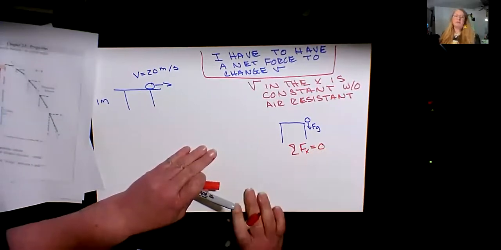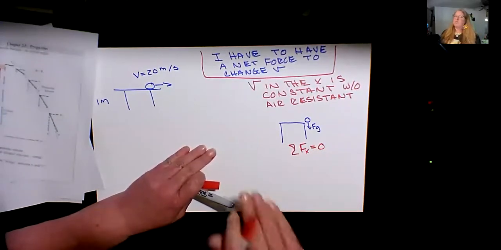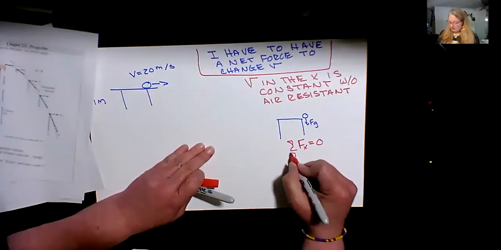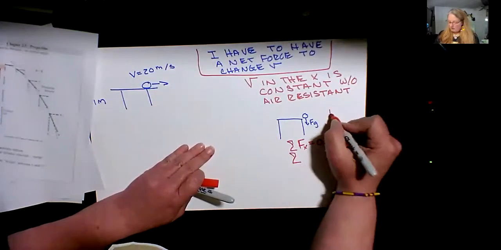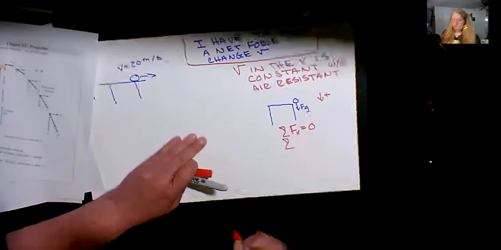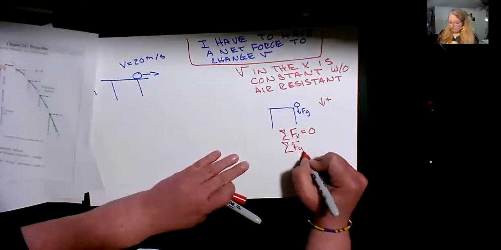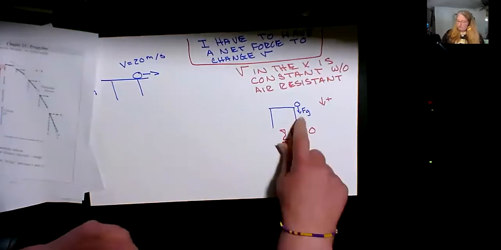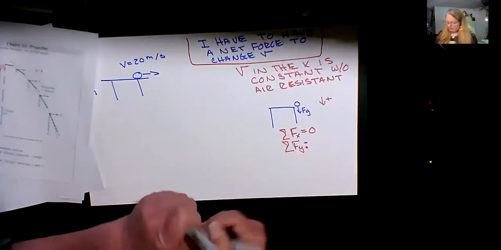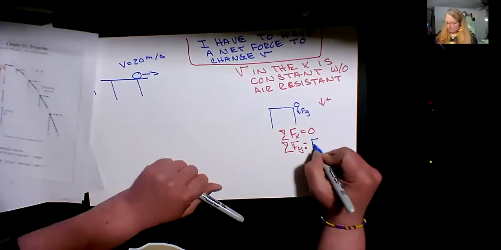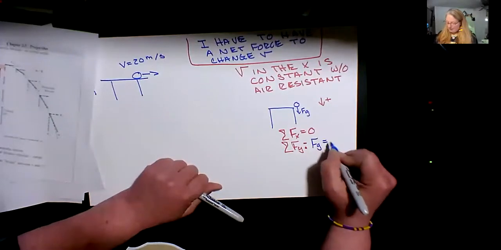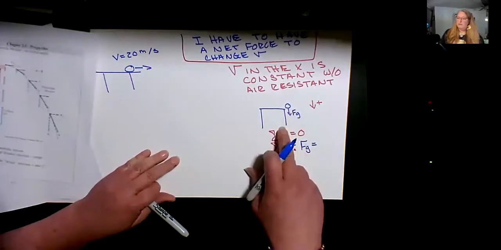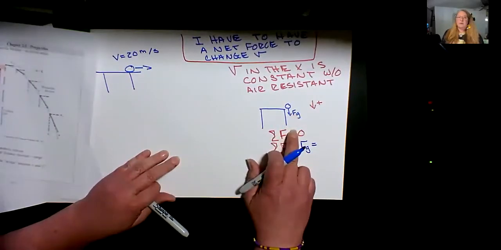There are no forces acting, no acceleration in the X. The sum in my Y, let's just call down negative. So sum in the Y, what do we have here? I have just the force of gravity. So the force of gravity I've defined down as negative, so the force of gravity is going down, but so is my acceleration.